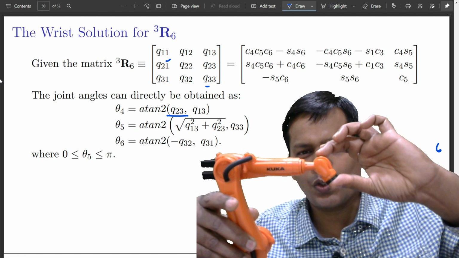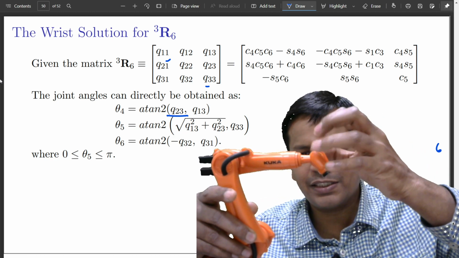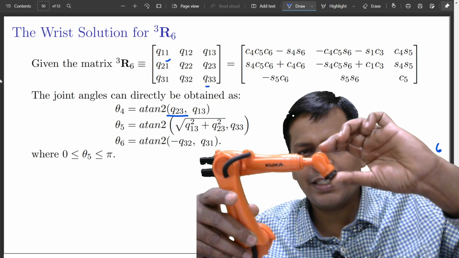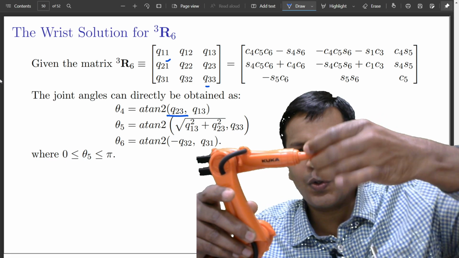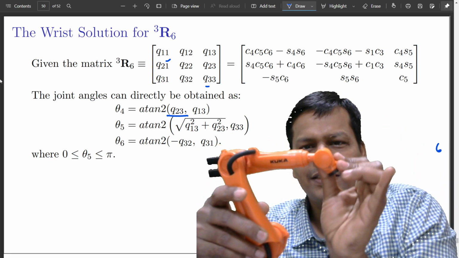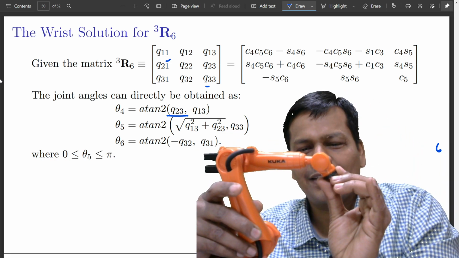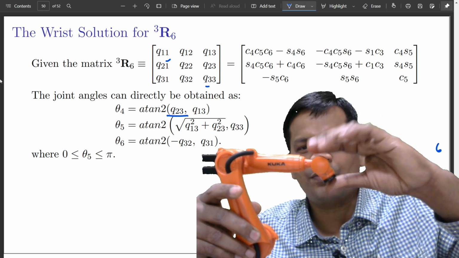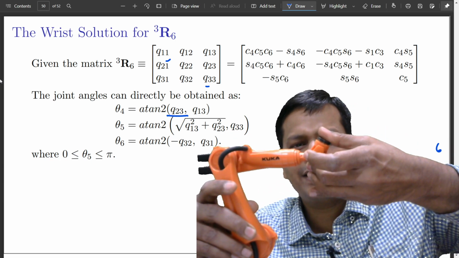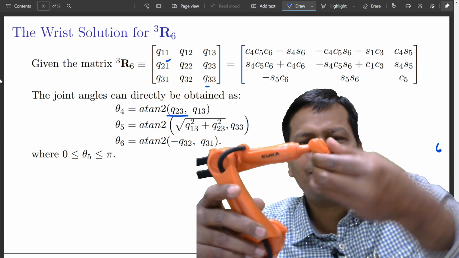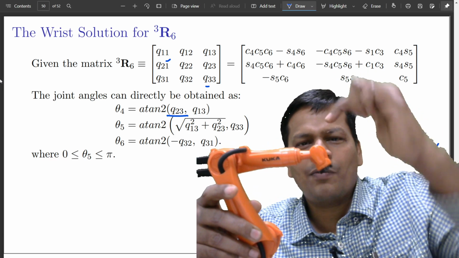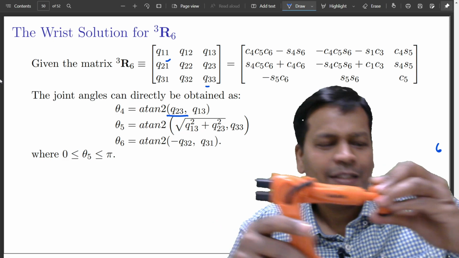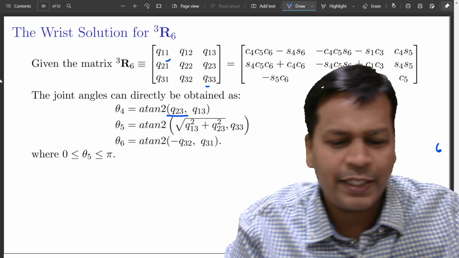So two solutions exist for this spherical wrist also. Theta 4 can be this or 180 degrees apart, and accordingly theta 5 will be upward or downward. So you got what I am trying to say.